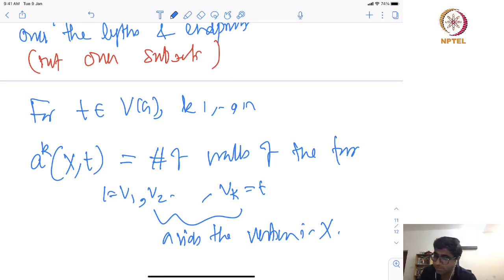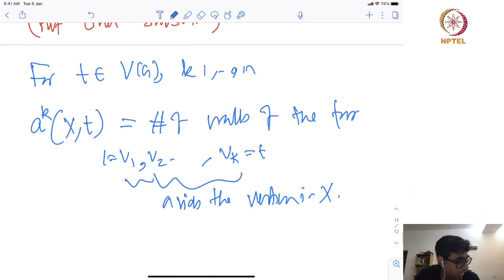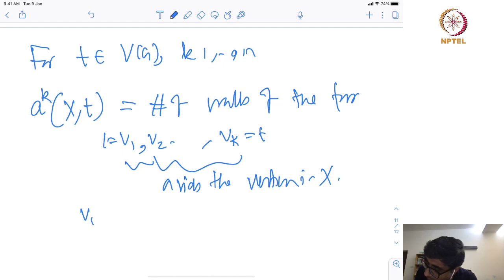So, none of these vertices appear in x, which is basically saying that vi is not in x.